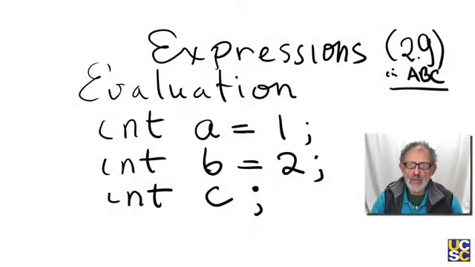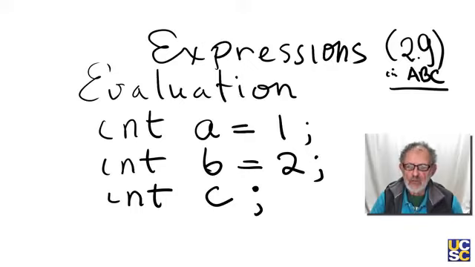In this segment, we're going to talk about expression evaluation. C is a language rich with operators, and it's very important to know how the operators allow combination, in what order they're applied.